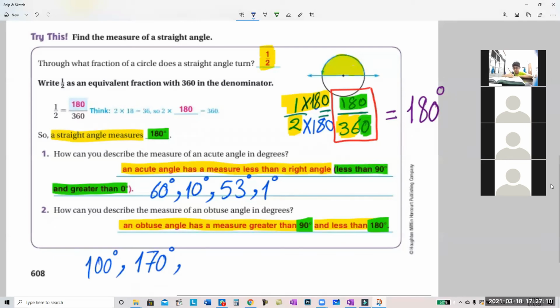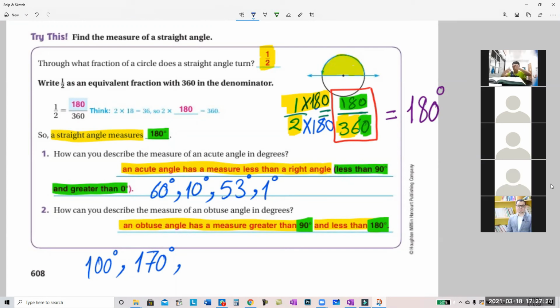Okay, now I will write some numbers and I will ask someone to tell me is it obtuse or not. Okay, Muhammad Falah, are you there? If I ask you about this, 91 degrees, is it obtuse or not?